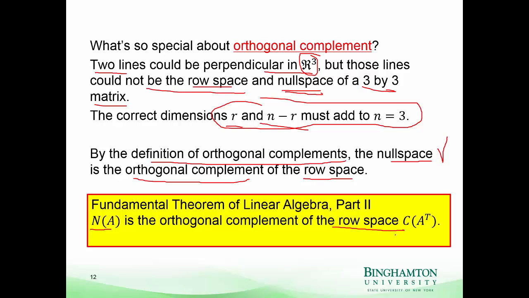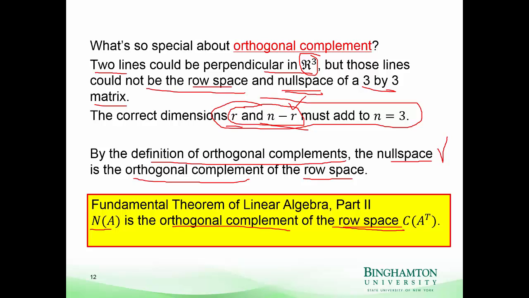So that tells us a couple things. It tells us that everything that's in the null space is orthogonal to the row space, but it tells us so much more. It's not just that. In a sense, this already tells us all the dimension stuff. It certainly tells us this relationship. It doesn't tell us that the dimension of the row space must be the rank of the matrix.